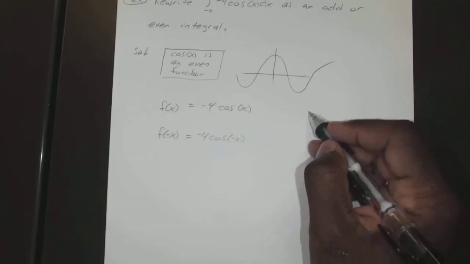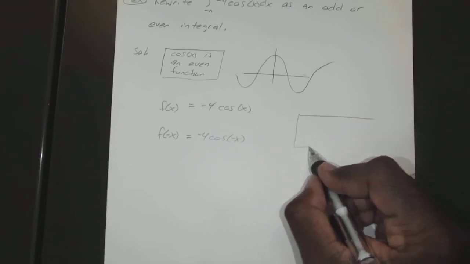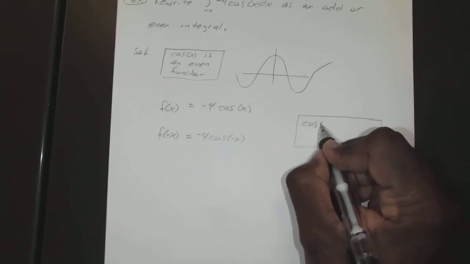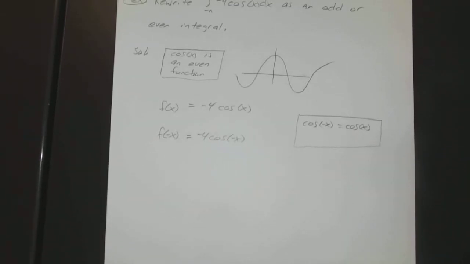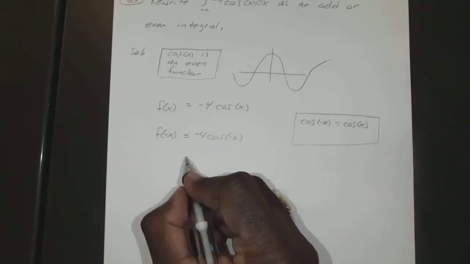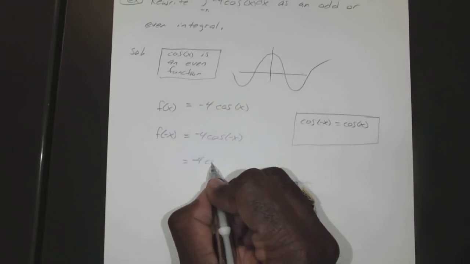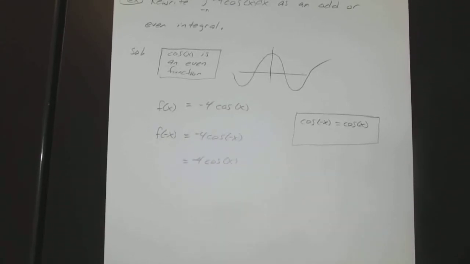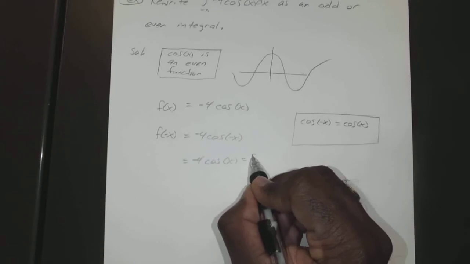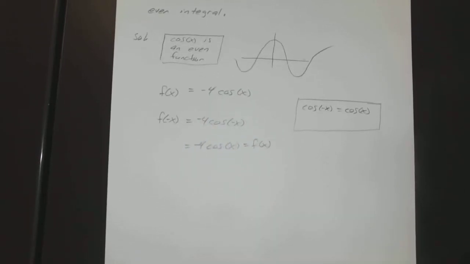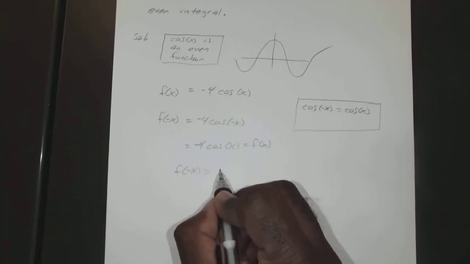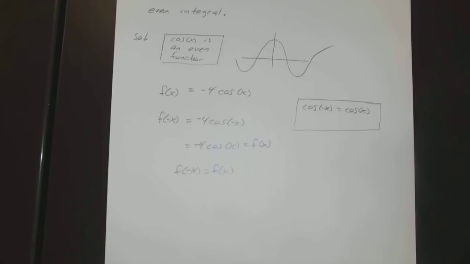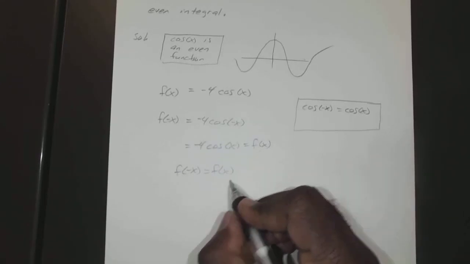Now, since it's even, cosine of negative x is equal to cosine of x. So that means this just becomes negative 4 times cosine of x, which is our f of x. Okay, so our f of negative x is equal to f of x. Okay, so we know it's even.